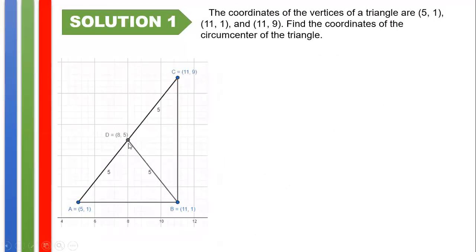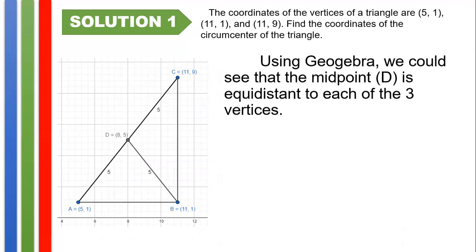In fact, if we plot the point (8, 5) here and use GeoGebra, we could see that the midpoint of your hypotenuse AC, which is point D at (8, 5), is equidistant to the three points. AD is 5 units, DB is 5 units, and DC is also 5 units.